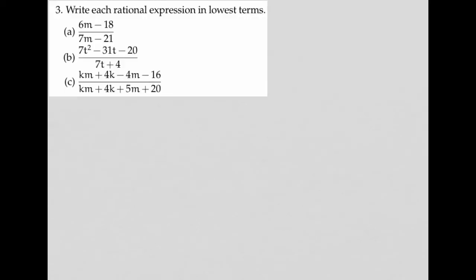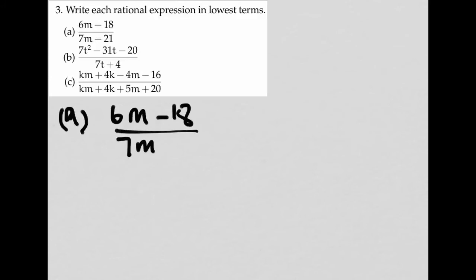Moving on to the third type of examples, we would like to write each of the following rational expressions in lowest terms. Recall that lowest terms means the numerator and the denominator have no common factors other than 1. Starting with the first example, 6m minus 18 over 7m minus 21.